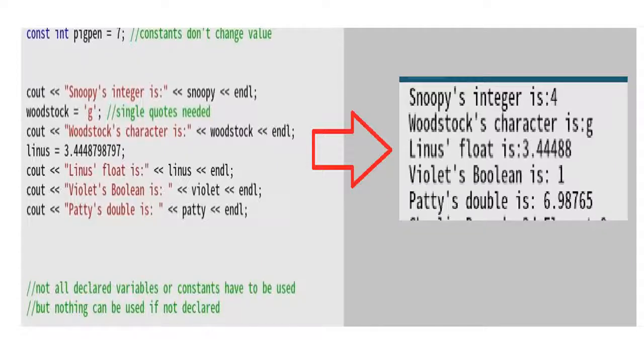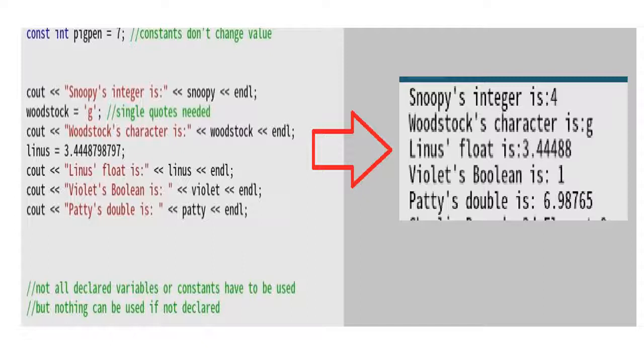Yes, so here we printed it out. Linus's float was cut back substantially. We cut five or six places off the end of it. It's still pretty precise, but it's not as precise as it was when we declared it.